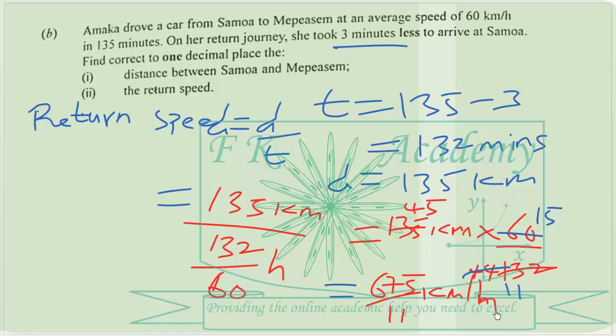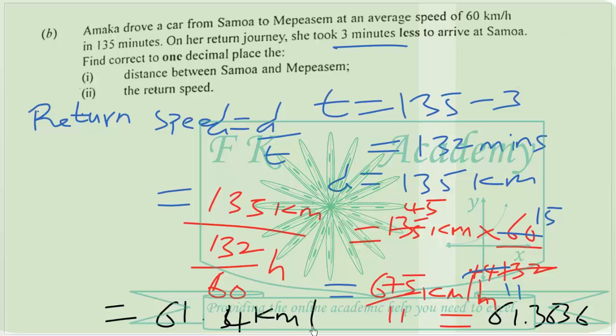Or in terms of decimals, we will get 61.3636, and to one decimal place that will give us 61.4 kilometers per hour.